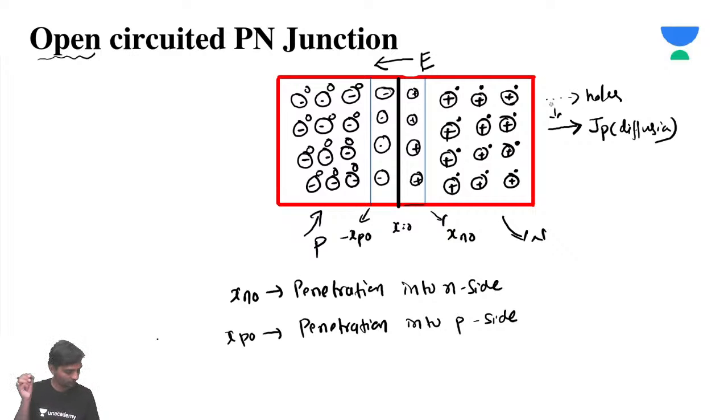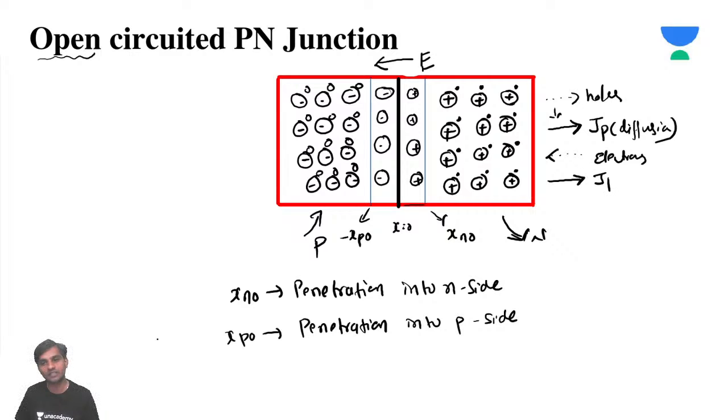Electrons are moving from N to P, so the current will be opposite.